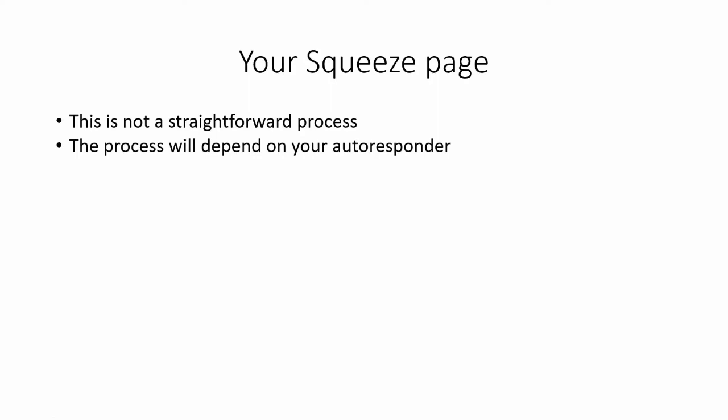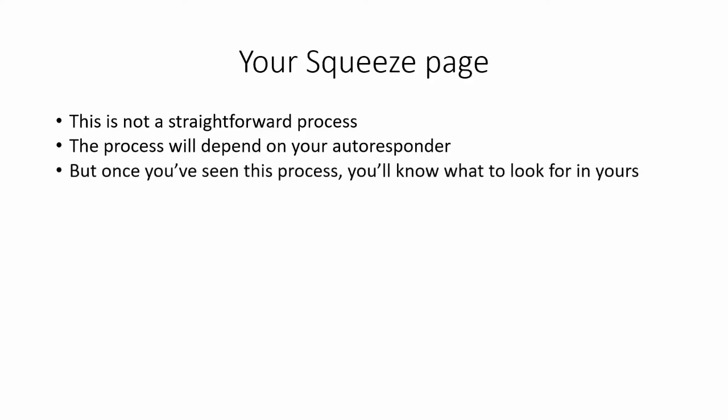If you have Aweber, this is going to look slightly different. If you have Constant Contact or one of the other ones, it's going to look slightly different. But the good thing is that once you've seen this process, you'll know what to look for in your individual autoresponder. And obviously, if you have GetResponse, you'll be able to do this right off the bat.